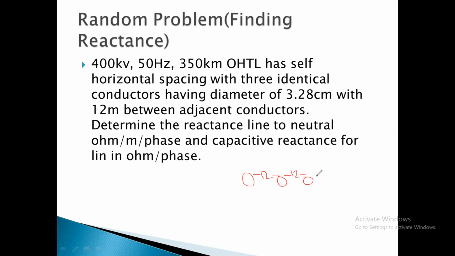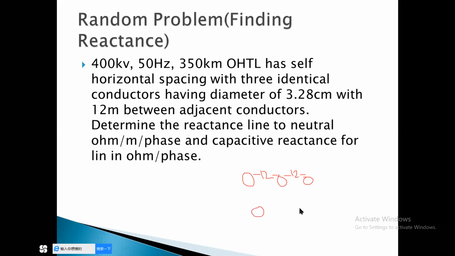Sometimes the diagram is given in the problem, but even if it is not given, you must know what horizontal spacing is. One conductor, horizontal distance 12 meter, second conductor, horizontal distance 12 meter, third conductor. I will explain in the next slide.